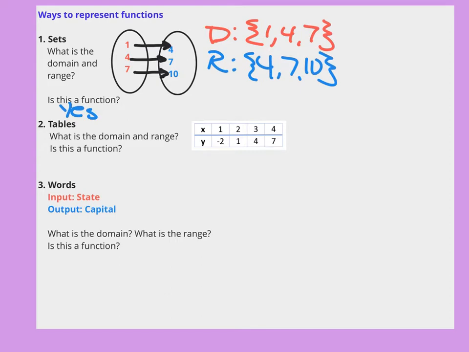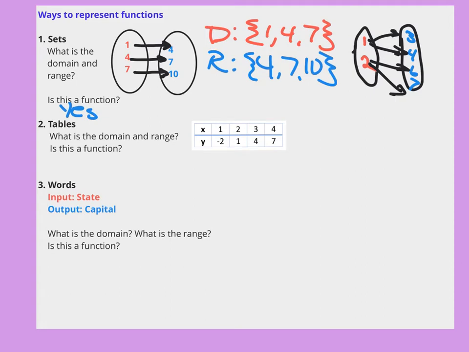Now, if I had a set here that looked a little bit different, if my inputs were 1 and 2, and my outputs were 3, 4, 6, 7, and I had 1 being mapped to 3, and I also had it being mapped to 4, and I had 2 being mapped to 7 and to 6.